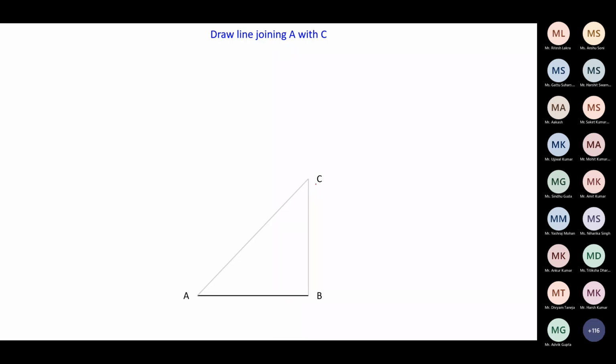Again, AC is a thin line. The next step, we use B as a center and AB as a radius. We construct this arc AC.